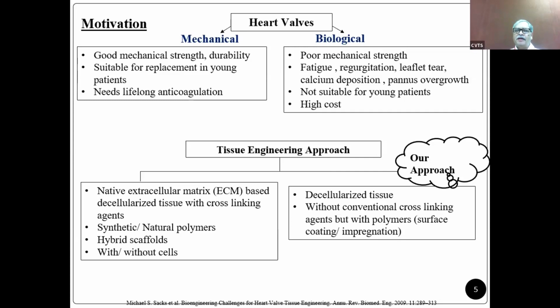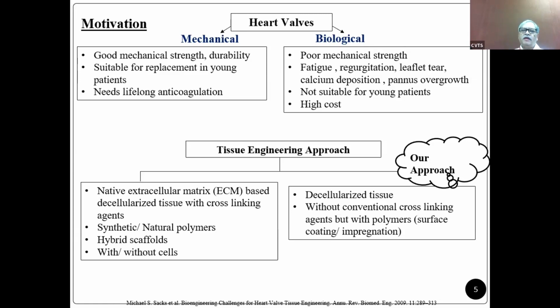And biological valves have poor mechanical strength. Fatigue, regurgitation, leaflet tears, and calcium deposition are things which everybody talks about. Leaflet tears occasionally happen. There is also calcium deposition and pannus overgrowth. They are not suitable for young patients and have high cost.